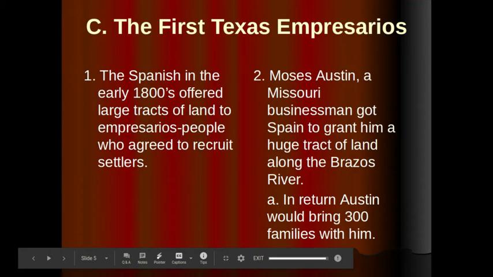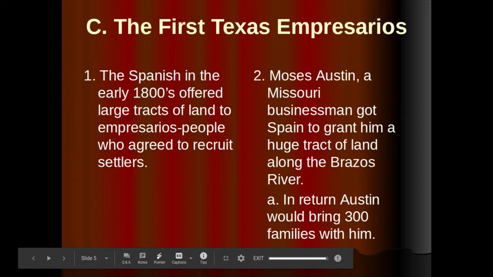The first Texas empresarios, sorry, that is a very American way of saying that. Pretty much what I want you to know about this is that there was a group of people that were encouraging new Americans to settle in Texas in order to increase their settlement.